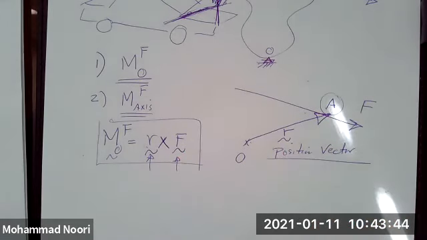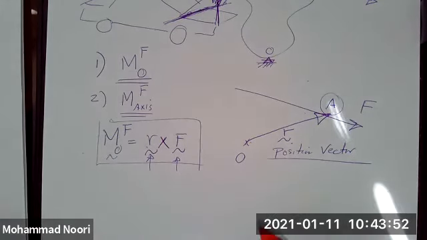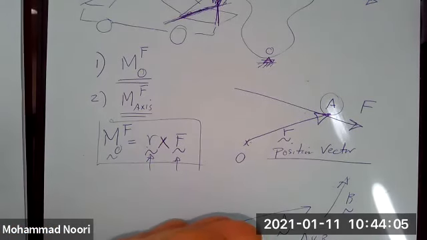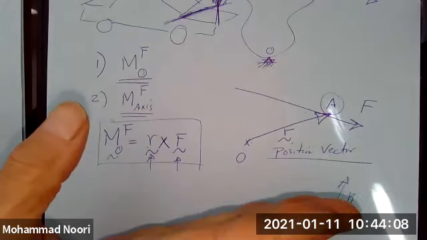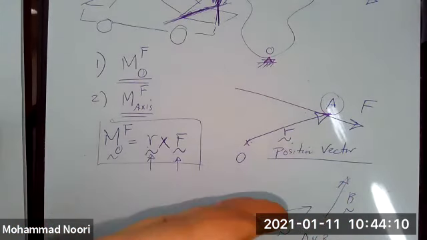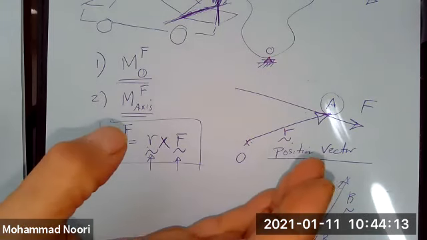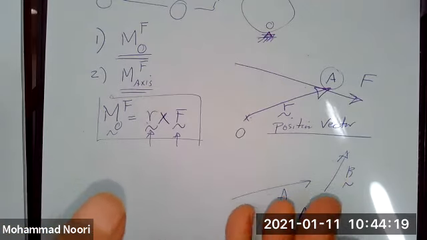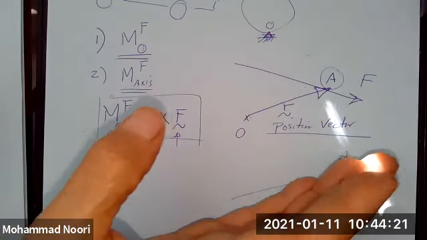can be determined based on the rule that you remember from physics or calculus, the right-hand rule. If you have a vector A and another vector B, the cross product of these two, A cross B, is what? You put your fingers along the first vector in such a way that when you tilt your fingers, the tilt would be towards the direction of the second vector.